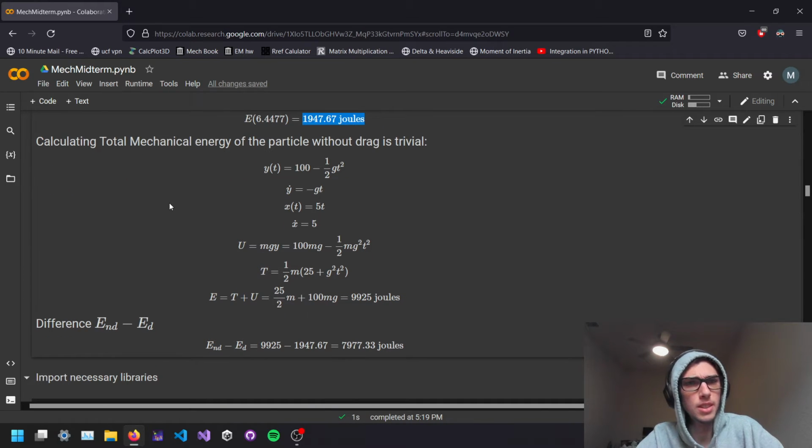Now, calculating the total mechanical energy of the particle without drag is just a basic physics 1 problem, so I'm not really going to go through my thinking there. I'm just going to say total potential energy gives us at the end of the trajectory is 9,925 joules, which we expect to be constant, so we don't have to find where y is equal to 0.